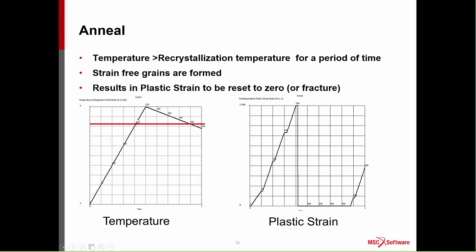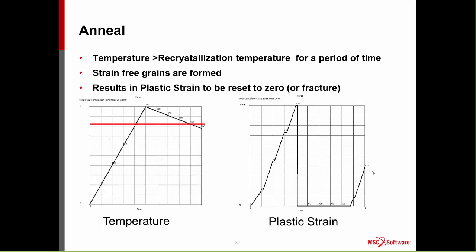But then when the temperature got above this annealing temperature, which was 800 degrees here, that permanent strain would be removed. And you could say remove to zero permanent strain, or you could say I want a certain amount of permanent strain to continue to exist. Then when the temperature decreased underneath the anneal temperature, with continued structural load, we could resume and continue to have plasticity in the model.